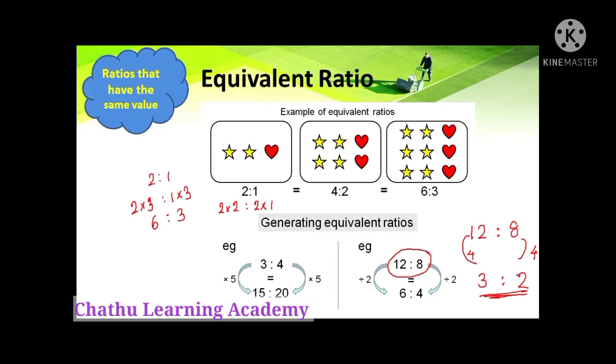Then this is also an equivalent ratio of 12:8. So this 3:2 ratio is an equivalent ratio of it. Likewise, you can find equivalent ratios by dividing or by multiplying.